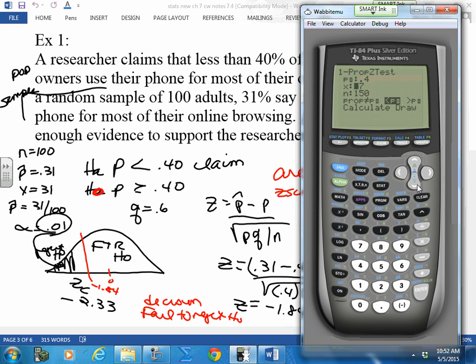It needs the x and the n. So if they gave us 31%, we have to take 31% times n. And in this case, our x was 31. Our n was 100. Again, you're going to follow your tail. Your tail is a less than, and we're going to calculate. When it comes back, it gives you your p-hat. Make sure your p-hat matches yours. It gives you your z-score, and it gives you your p-val. There's your p-val right there.